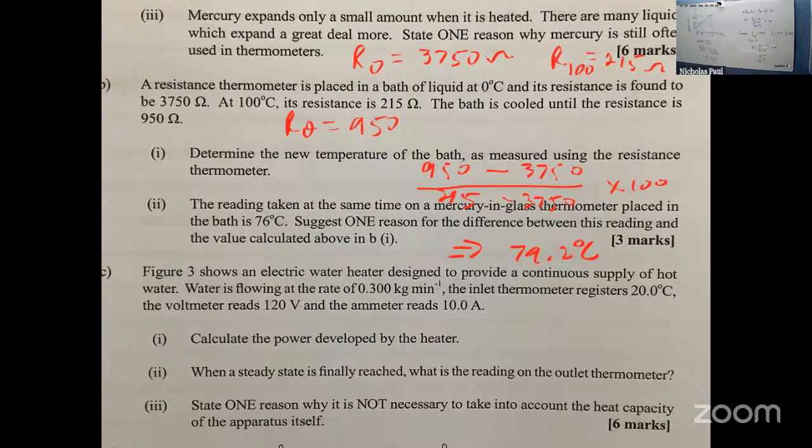For example, a resistance thermometer graph might look like this, but the mercury-in-glass thermometer might look a little different. So they don't behave exactly the same. Make a note of that.